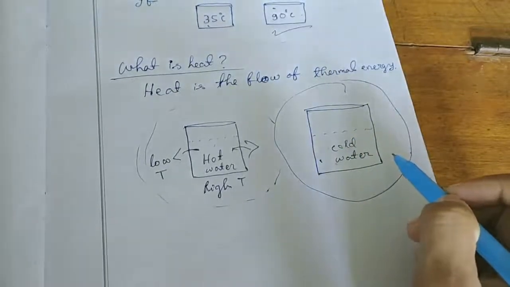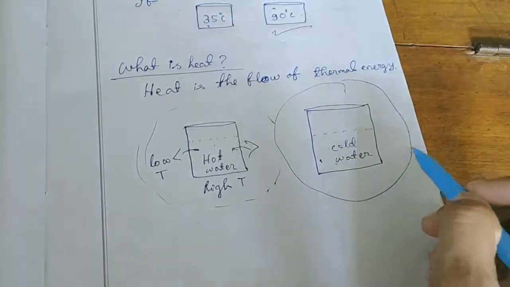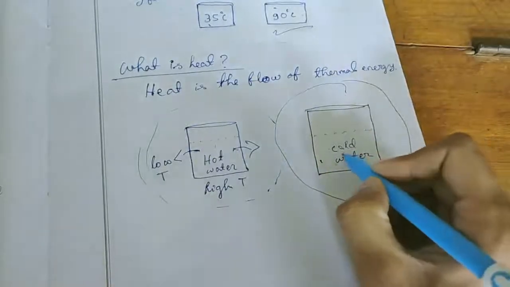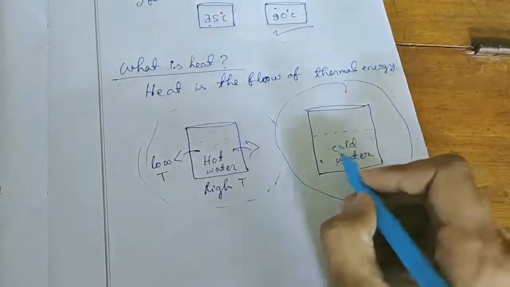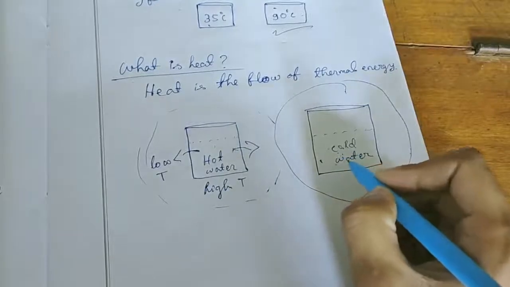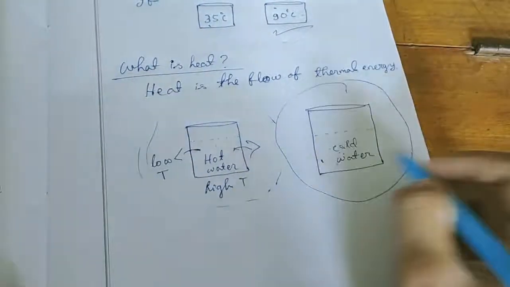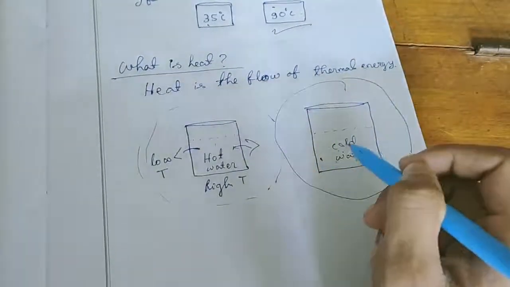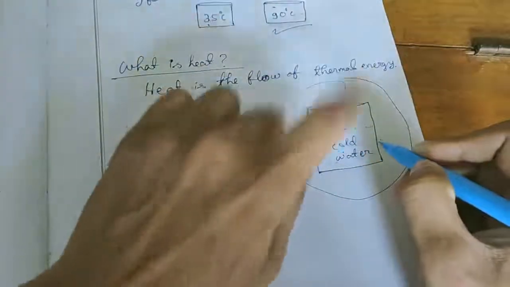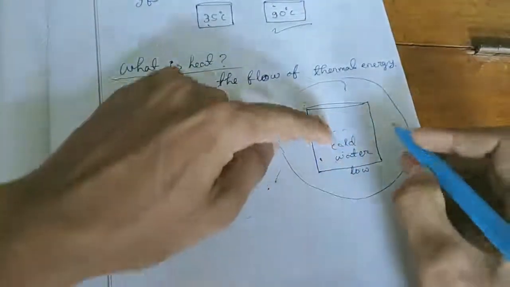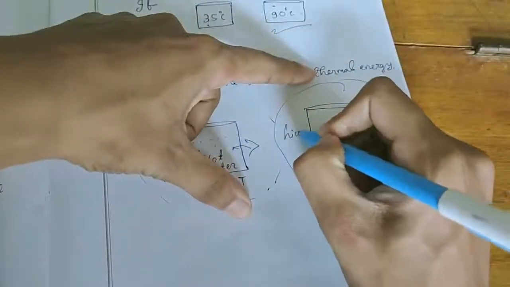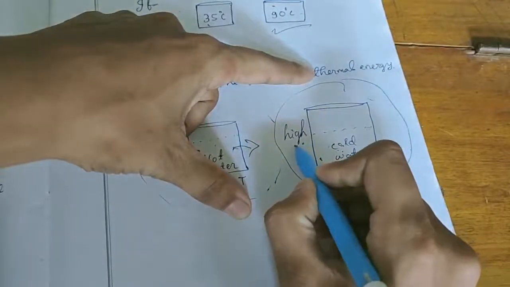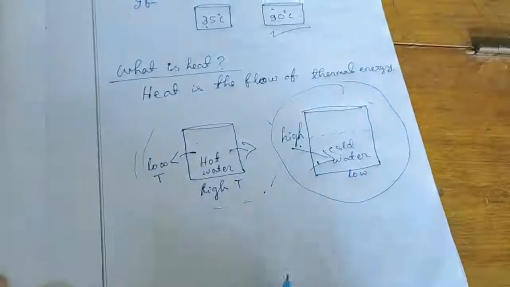Not that boiling warm, but as warm as the room temperature, because in this case the water inside this glass has a very low temperature, since we took the water out of the fridge, and the surrounding temperature, the temperature of your room, is normal. So in this case this temperature is low but the surrounding temperature is high, so heat will transfer from the room, the air, to the glass of water.